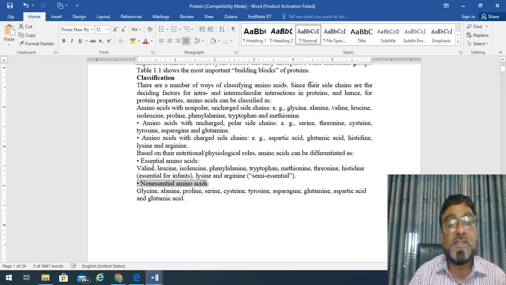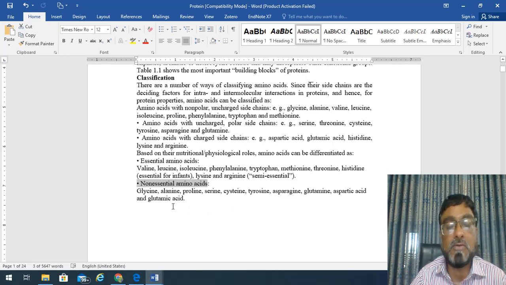The essential amino acids are valine, leucine, isoleucine, phenylalanine, tryptophan, methionine, threonine, and histidine. Histidine is considered essential for infants only. Then lysine and arginine are called semi-essential amino acids. Among the non-essential amino acids produced by our body are glycine, alanine, proline, serine, cysteine, tyrosine, asparagine, glutamine, aspartic acid, and glutamic acid.